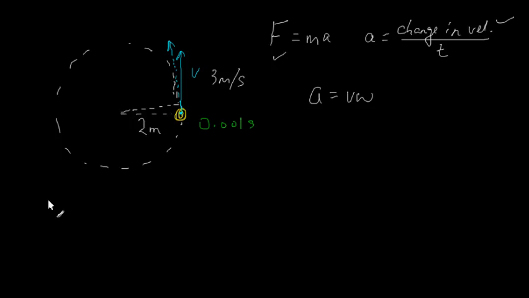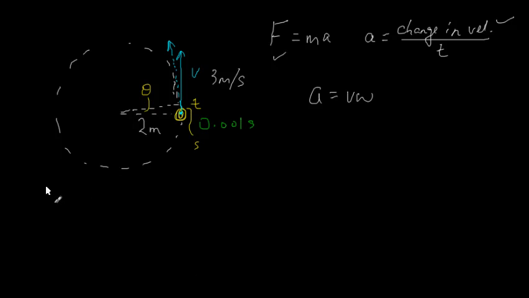Now remember that we had relations between, let's say, this angle and the time taken to travel. So we know that, and the arc length, the distance moved.